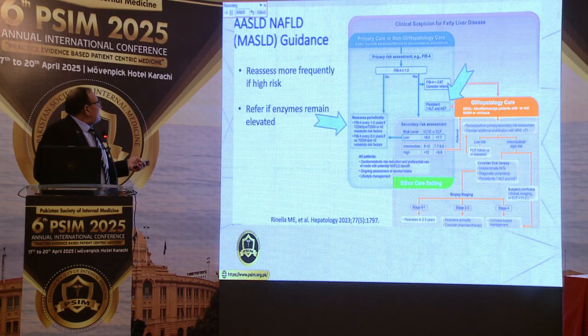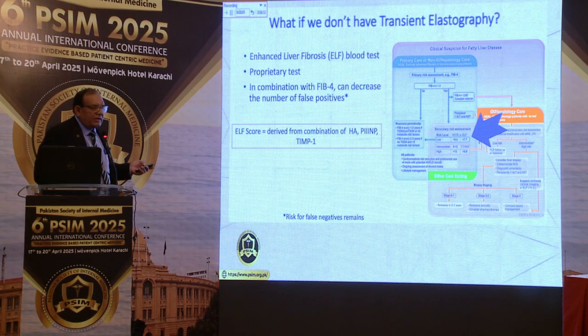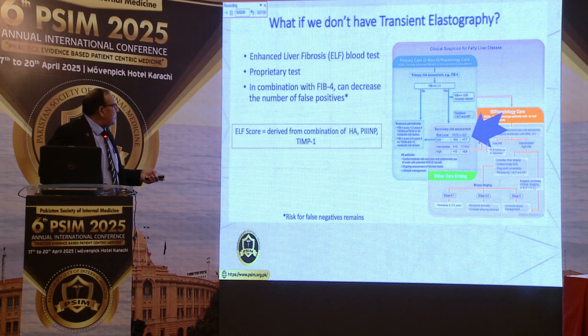So another test, if we don't have VCTE, is called enhanced liver fibrosis, ELF. This is a blood test based on hyaluronic acid, P3NP, and TIMP1. Normally it is less than 7.7.